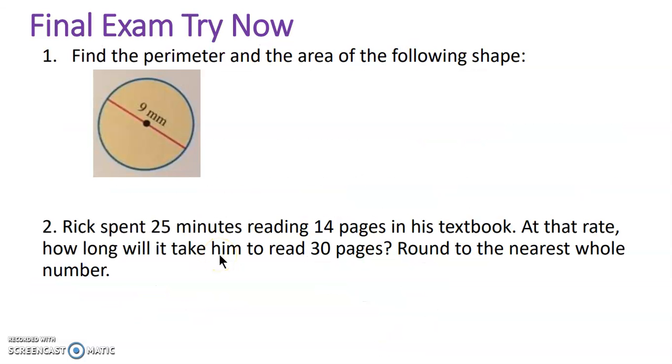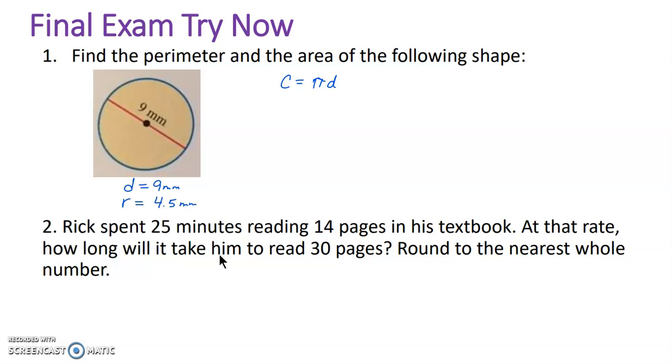In Module 4, we solve perimeter and area of circles. Perimeter of a circle is circumference, and the formula is pi times the diameter. We have been provided with a diameter of 9 millimeters, and we can determine the radius by cutting the diameter in half. Dividing by 2 will get us to 4.5 millimeters.